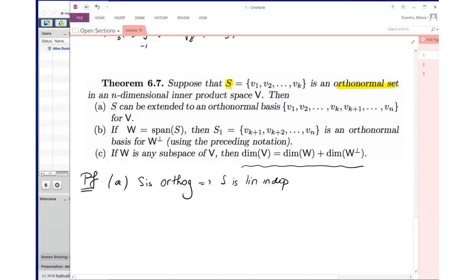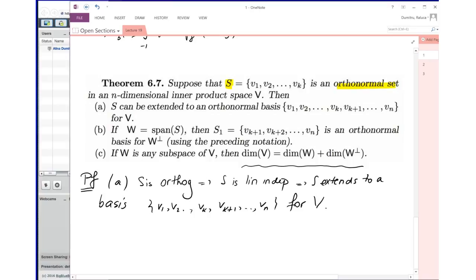Okay, so we have a linearly independent set of k vectors, and we know from basic theory of vector spaces that it can be extended to a basis for the whole space. But the question that remains here is, why would this basis be orthonormal still? Let's call it beta.